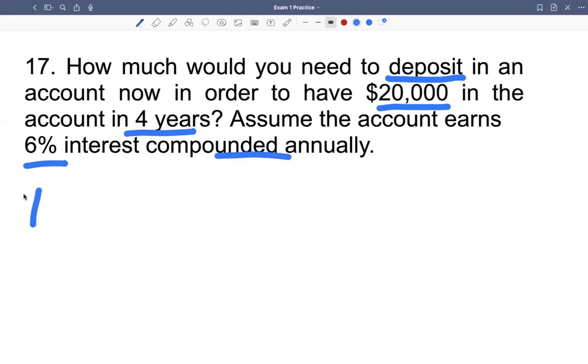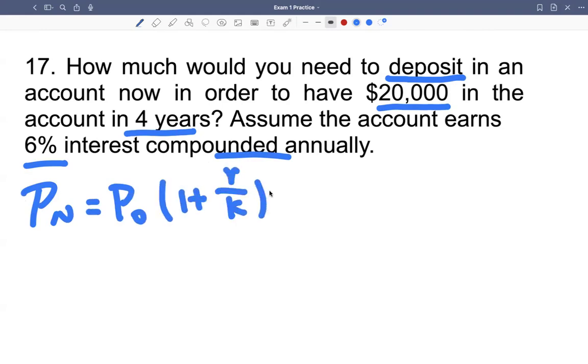Again, we know we need to use the compound interest formula. Now we need to identify which is which. So let's identify. Do we know Pn? In our case, it's P4 because n equals 4. Do we know P4? Yes, because we want to have $20,000 in 4 years.